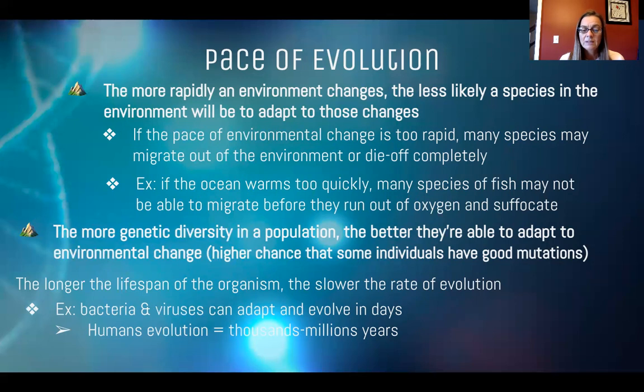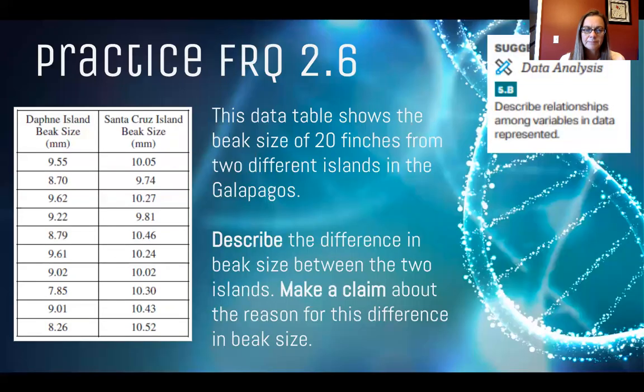Human evolution takes thousands, hundreds of thousands, even millions of years. Organisms in the middle, like mice that reproduce every 30 days or so, evolve relatively quickly. Any of the larger organisms that have longer lifespans and later reproduction are going to evolve more slowly.